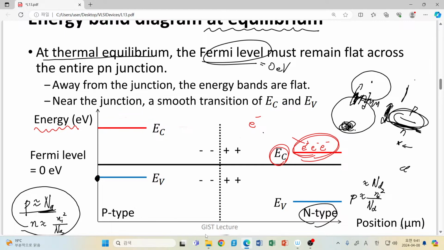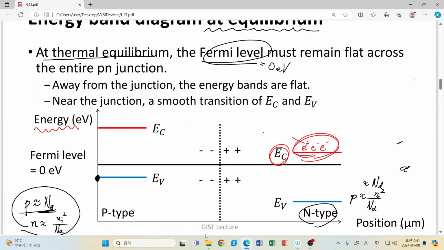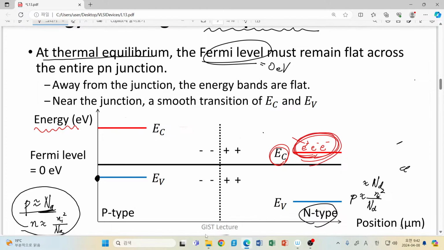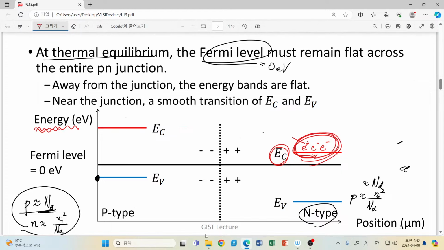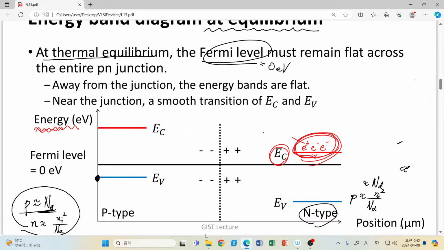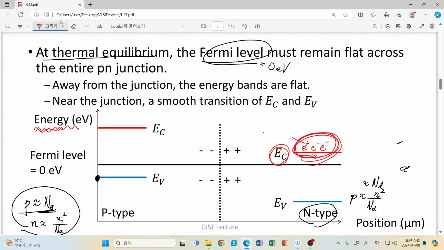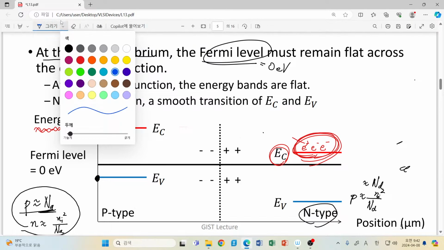So although we have no idea about the internal behavior between the p-type region and the n-type region, we can understand there will be so many electrons, and since this is the energy seen by our electrons, the energy seen by our holes should actually be inverted. So where can you find a more preferable position for our holes?